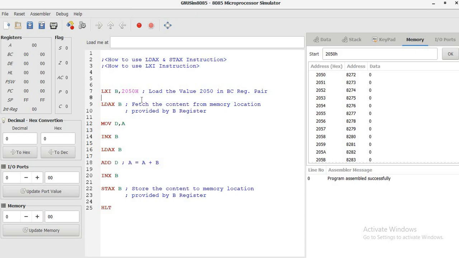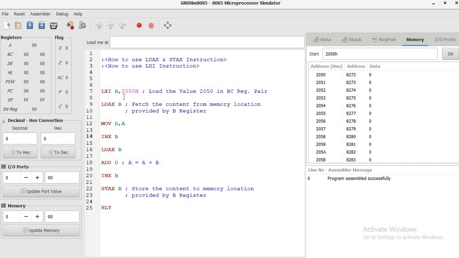The next line is LDAX B, load accumulator indirect. As far as the LDA instruction was concerned, we were writing the memory location from where you want to access the data. Here I am writing LDAX and a register that has the content of that memory location. Right now B has the content of memory location 2050.